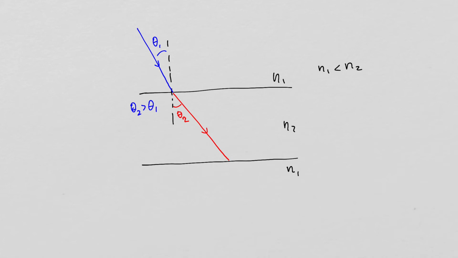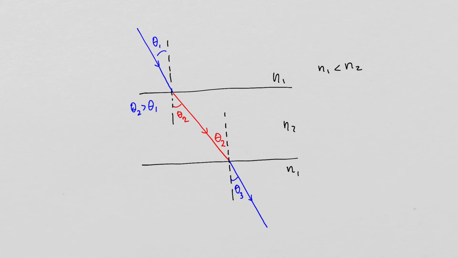Now let's see what happens when the light ray enters back into medium 1 here. So the angle that the light ray in medium 2 makes with the normal here is also equal to that angle, because we have two parallel lines that are crossed with a line. So this angle here is theta 2. So now theta 2 for this transition here, for this refraction, becomes the incidence angle.